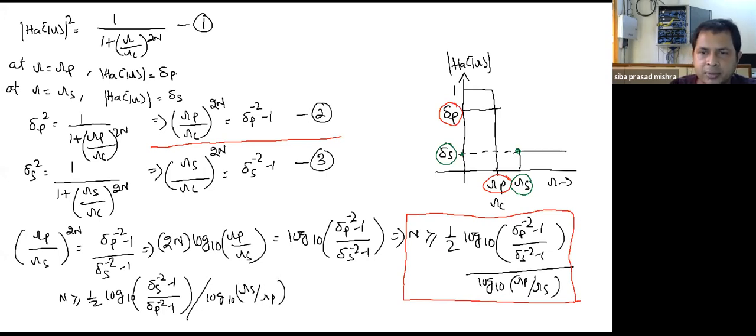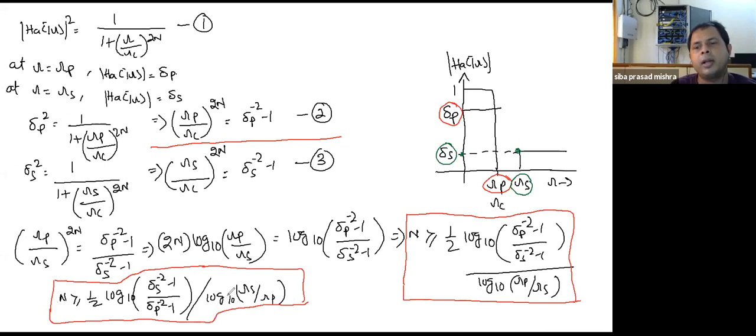Both are correct. You can use this formula or this formula, you will get the correct answer. Okay, so this is equation 4 or equation 5. If omega c is not given, then use equation 4 and equation 5.